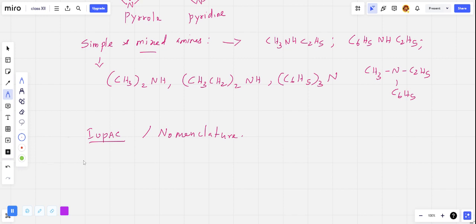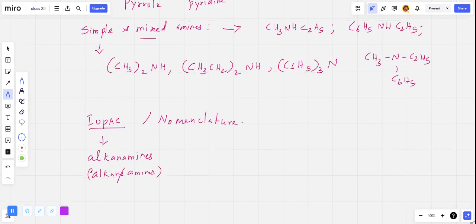In the IUPAC system, amines are named as alkanamines. How are these alkanamines derived? Alkane, instead of the E, we write amine. So this is alkanamine. Previously we were naming like that.